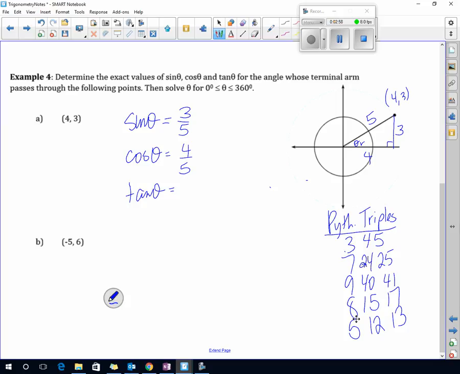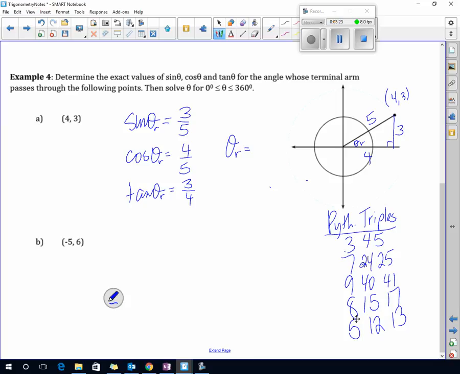All of these are actually the reference angle. Okay? So how would I actually get the reference angle here? 36.9. Anybody else get that? How do I get that?